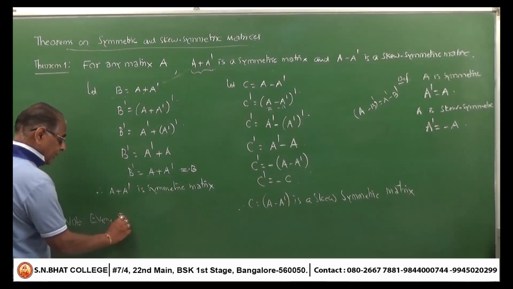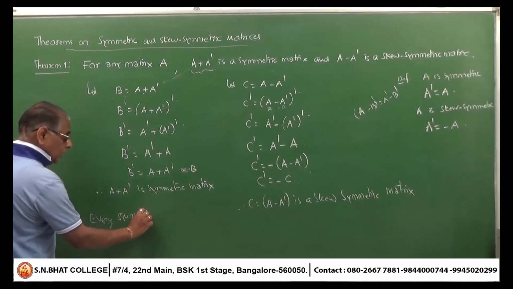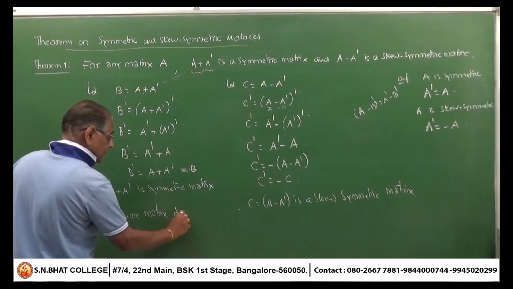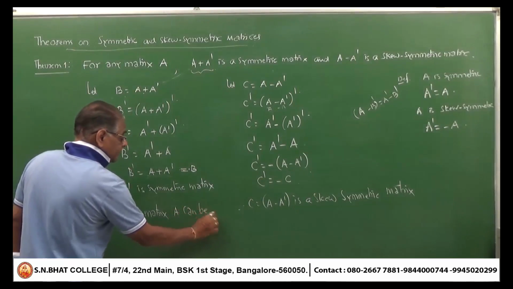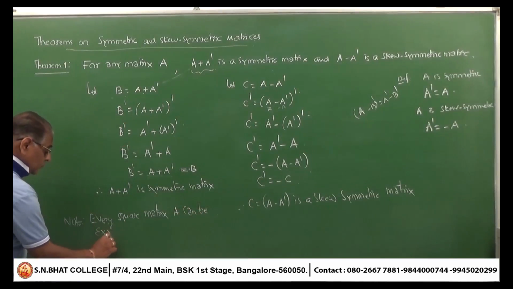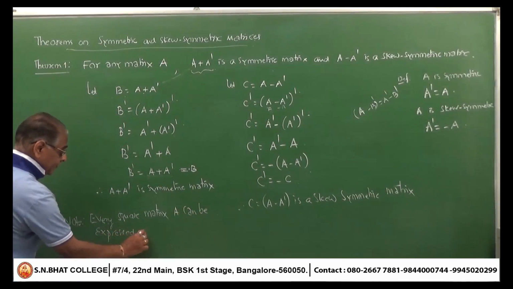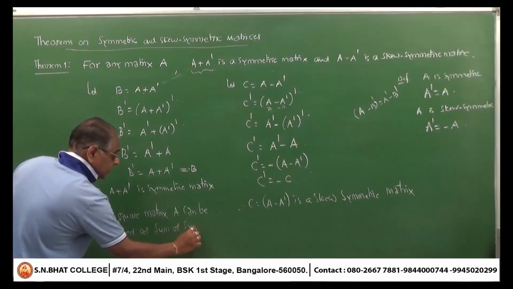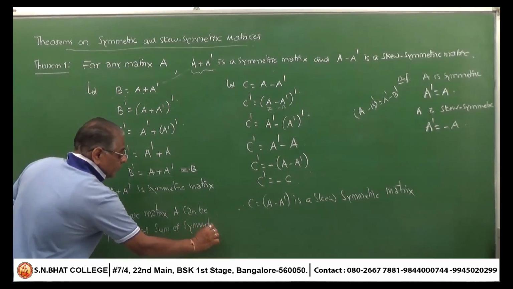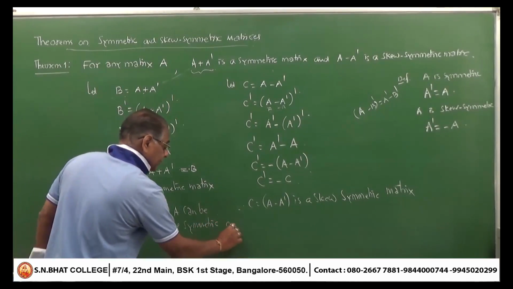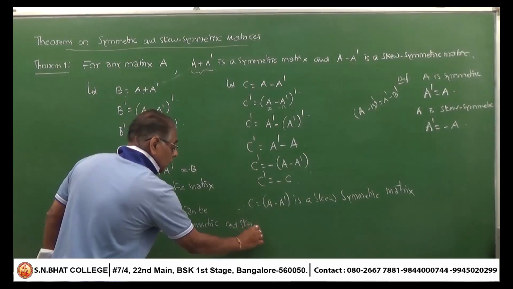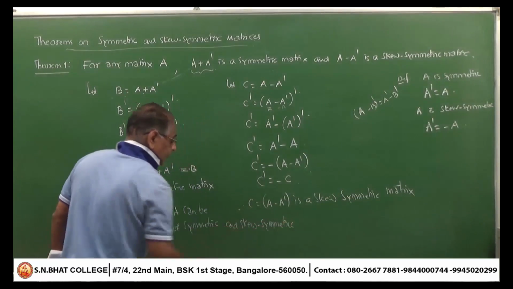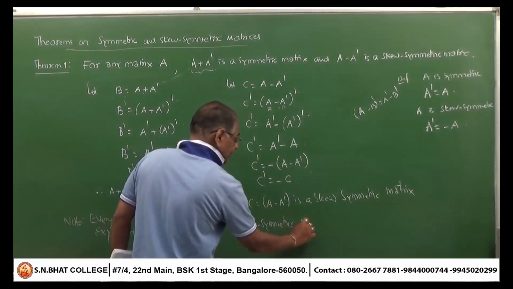Every square matrix A can be expressed as the sum of a symmetric and a skew symmetric matrix.